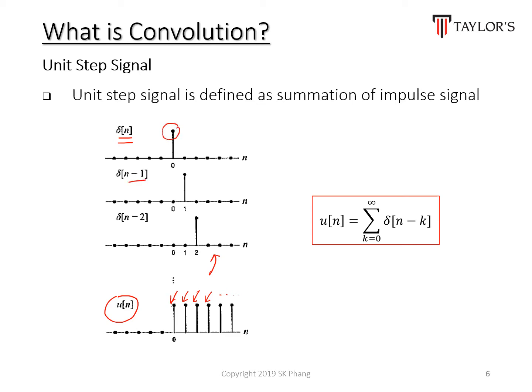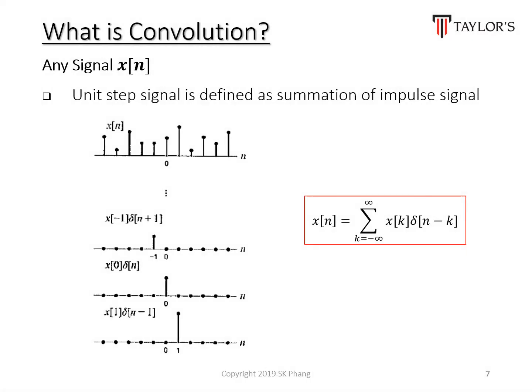And then we have the second unit impulse signal, at n equals minus 1, and so on and so forth, all the way until n equals infinity. Therefore, we have this expression here: a unit step signal is equal to the summation of each of the impulse signals from n equals 0 all the way to n equals infinity, which you can see from this figure over here.